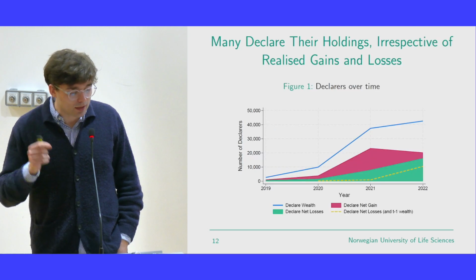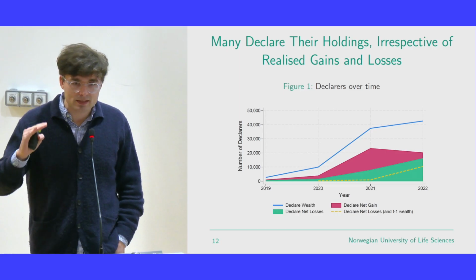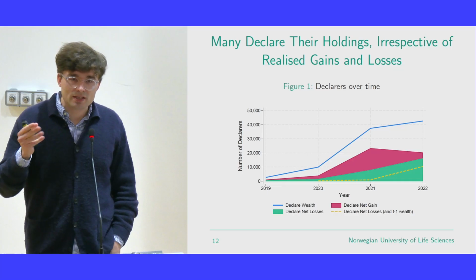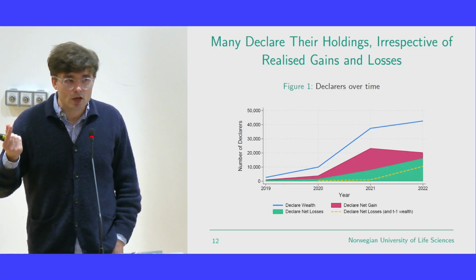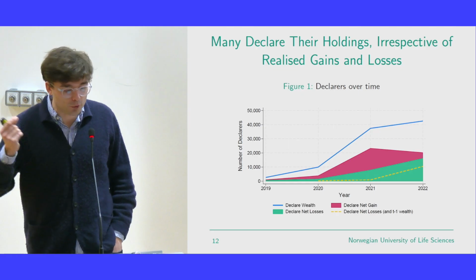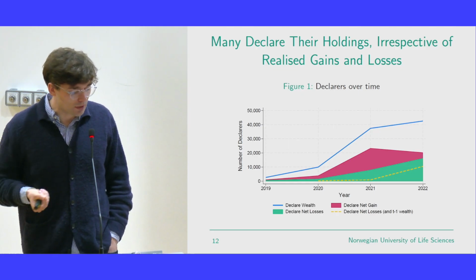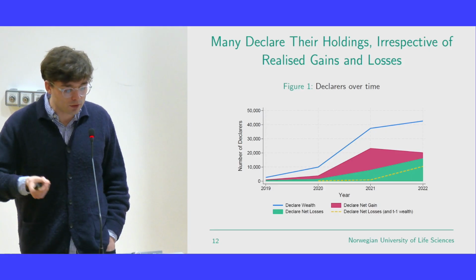But I said this was for wealth tax purposes, and I want to point out that in this reporting there doesn't seem to be any sort of correlation between tax liability and reporting. So this figure shows the number of reporters in 2019, 2020, 2021, 2022.